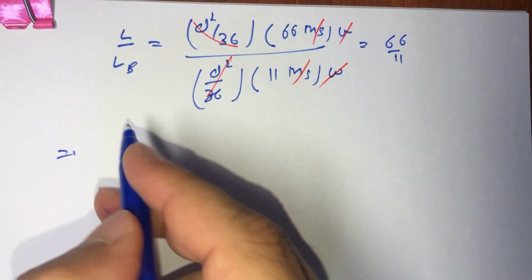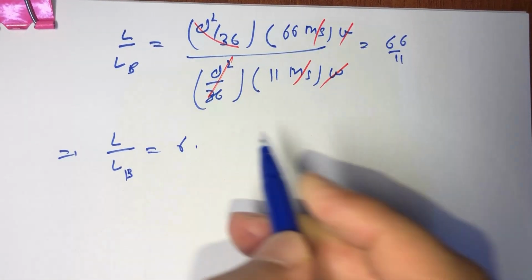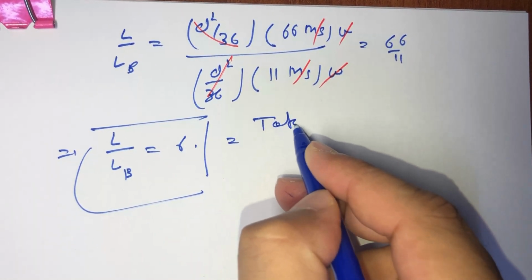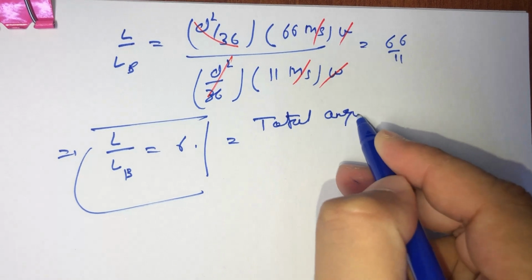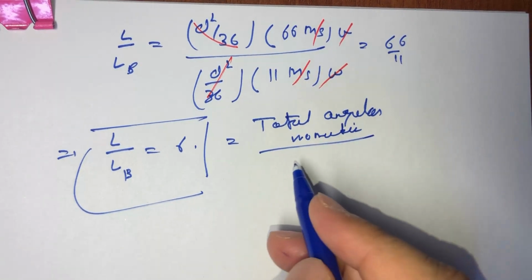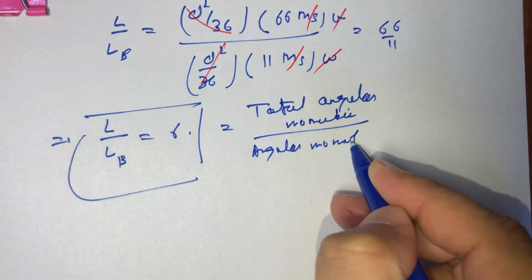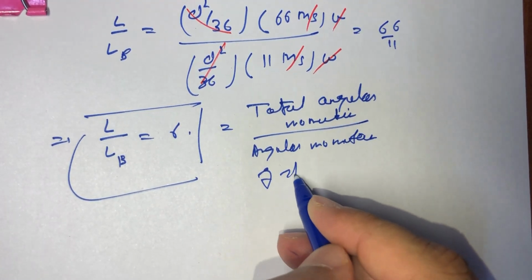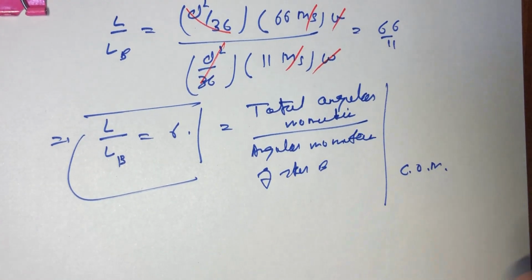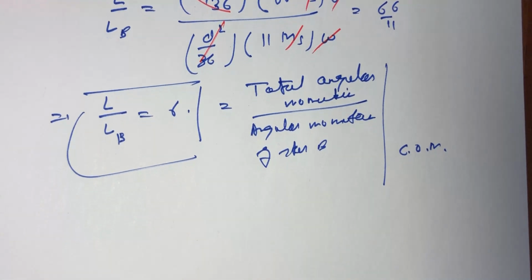Therefore, we get the ratio of total angular momentum to the angular momentum of star B about the center of mass equal to 6. So this completes the question.